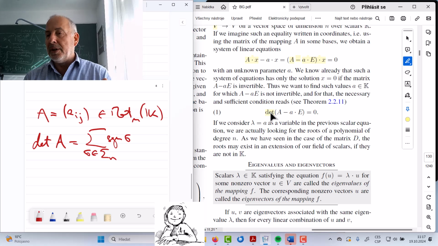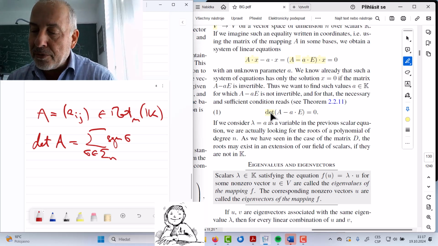So the even number of transpositions of two neighbors means it's plus. If it's an odd number, it's minus. So just read through the text if you need, but the determinant is simply the straightforward generalization from the plane for any dimension.